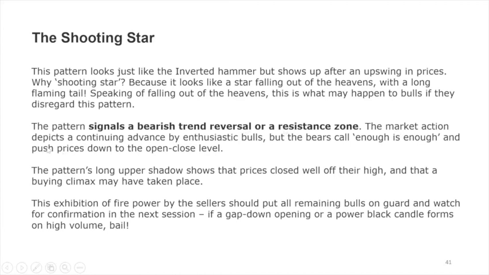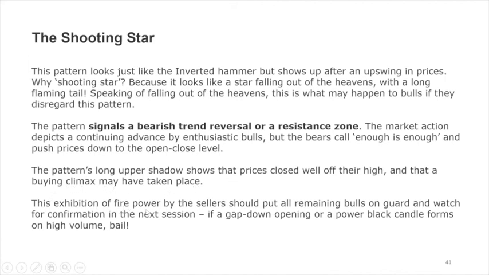The market action depicts a continuing advance by enthusiastic bulls, but the bears call enough is enough and push the price down to the open-close level. The long upper shadow shows the price closed well off the high, and that a buying climax may have taken place.